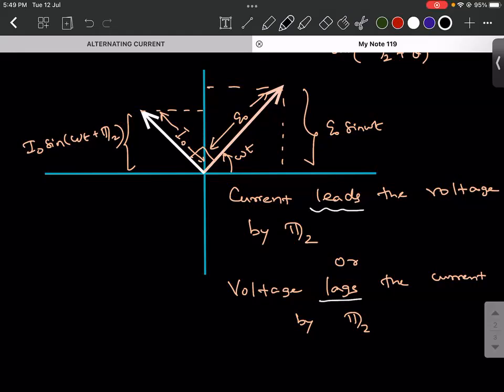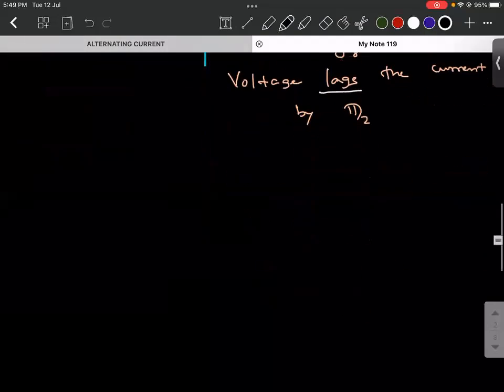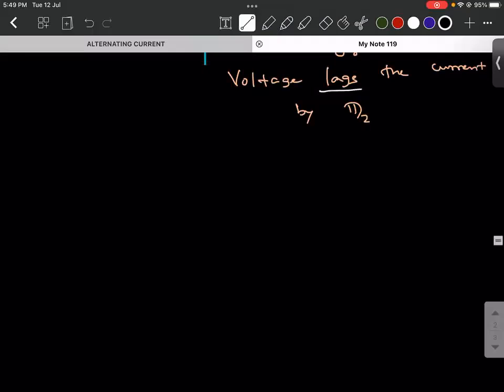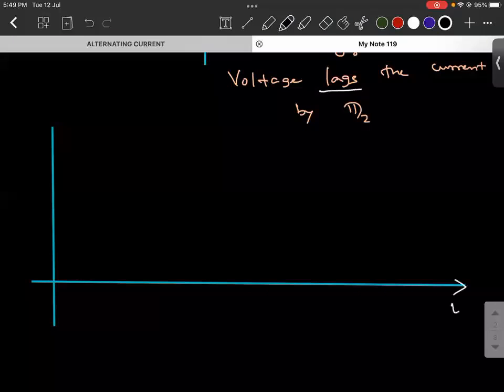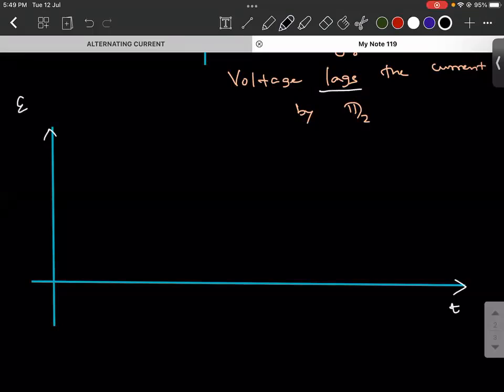So we'll see the graphical representation of it. Listen to this carefully. This is time, and here you will draw EMF and current on the same graph.